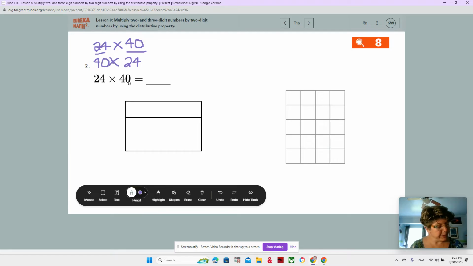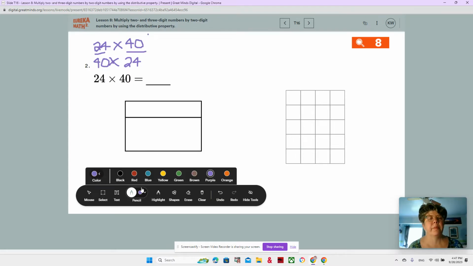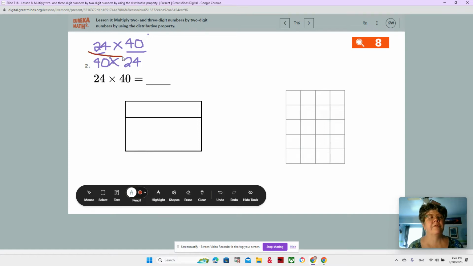So let's think about it as 24 groups of 40. Where'd my pen go? Let's get a red one. 24 groups of 40, right? And we could also call it 24 40s, right? So we have 24 40s, all right? We could say 20 40s.